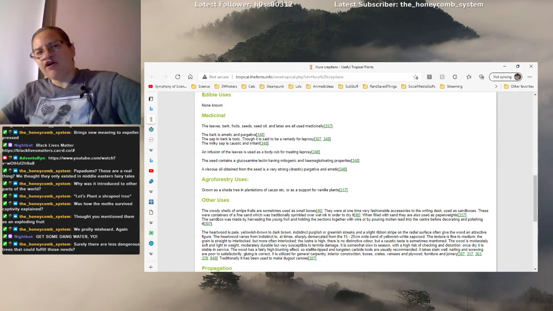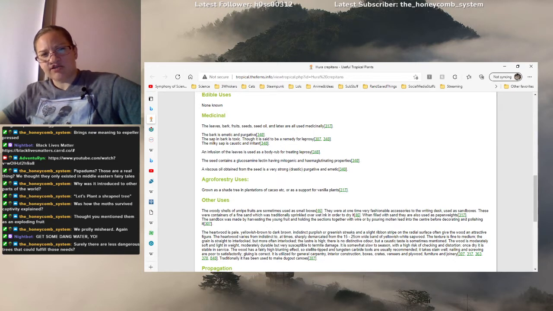The leaves, bark, fruit, seeds, seed oil, and latex are all used medicinally. The bark is an emetic and purgative. The sap in the bark is toxic, though it's said to be a remedy for leprosy. The milky sap is caustic and an irritant. An infusion of the leaves is used as a body rub for treating leprosy.